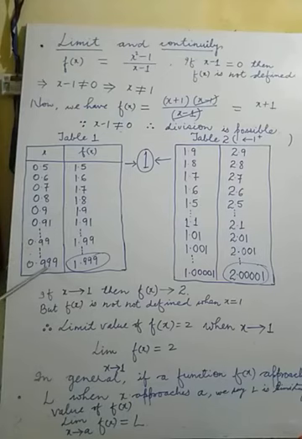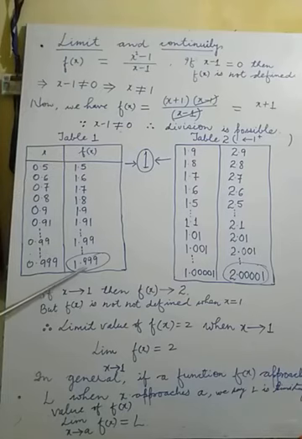At this point, see, the value of x approaches 1 from smaller values, not exactly 1. As a result, what is happening? It is remarkable here: the value of x is approaching 1, and in the same way the value of f(x) is approaching 2.